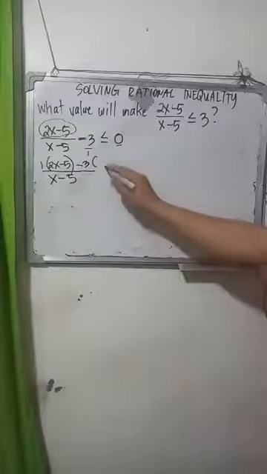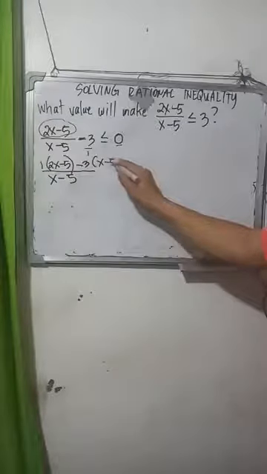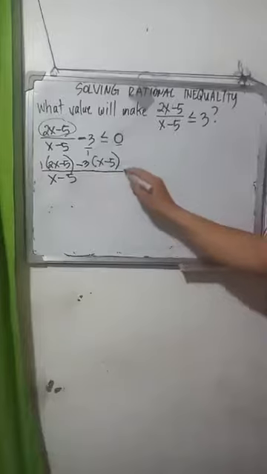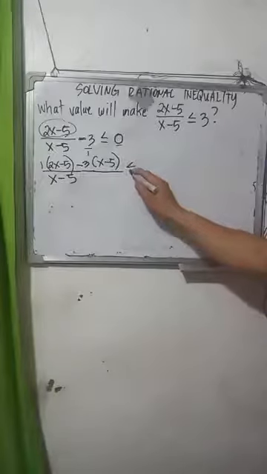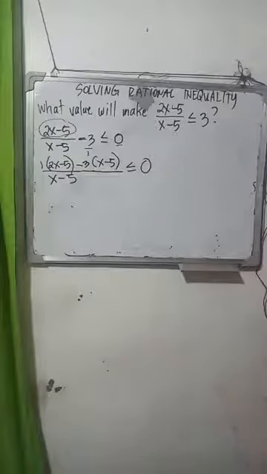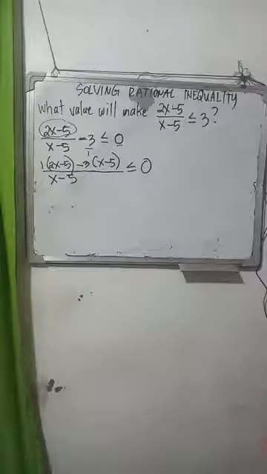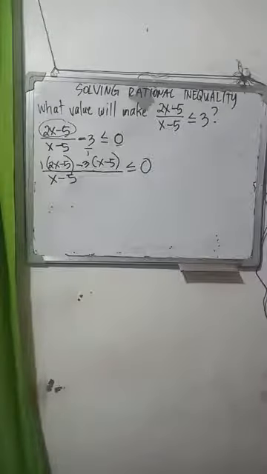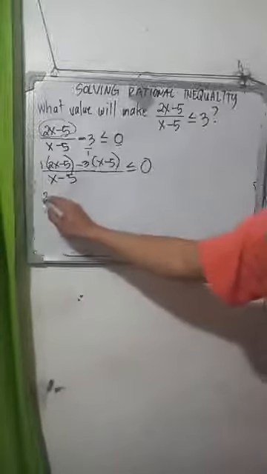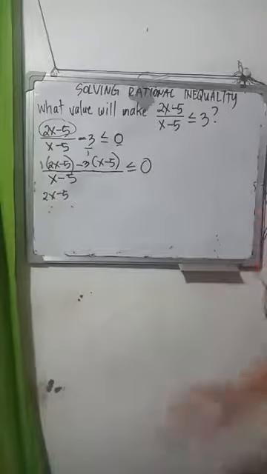So that is equivalent to x minus 5, less than or equal to 0. Pero mayroong shortcut, pero wag muna ang shortcut. Wag kayo mag-una-una. Tingnan natin. Next, 2x minus 5.